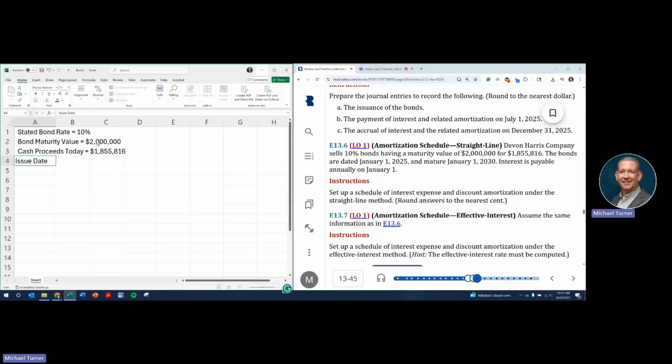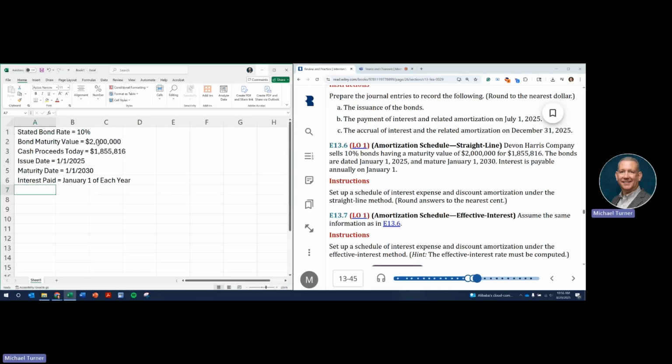The issue date is January 1st, 2025, and the maturity date 5 years later is January 1st, 2030. And interest is paid January 1 of each year. All right, there's our facts. So let's estimate the effective interest rate, and then we'll provide for an amortization schedule.